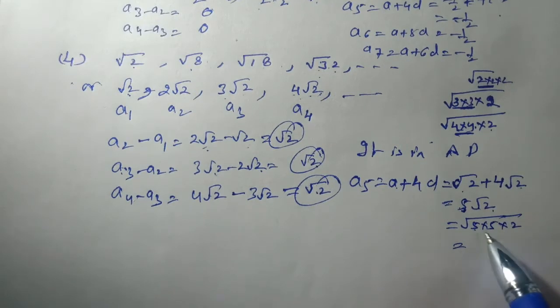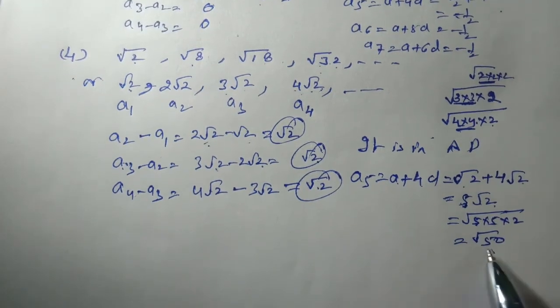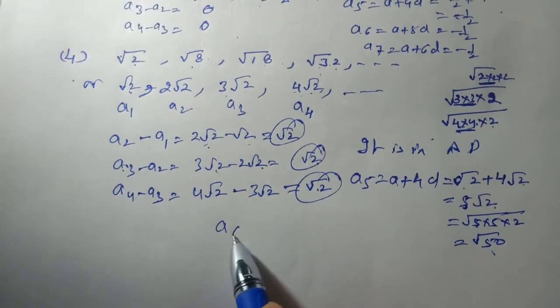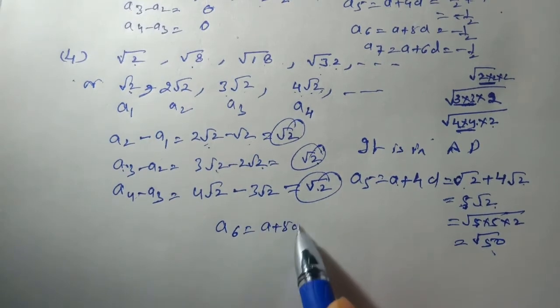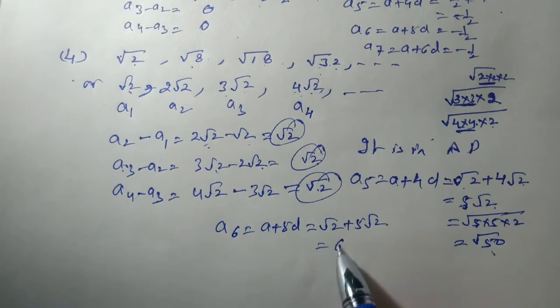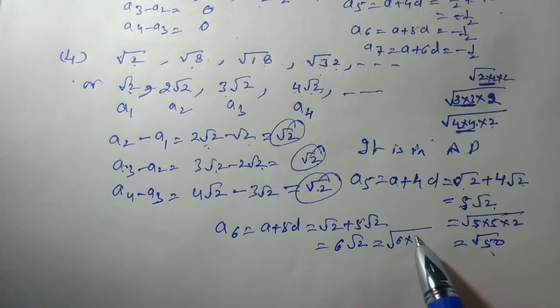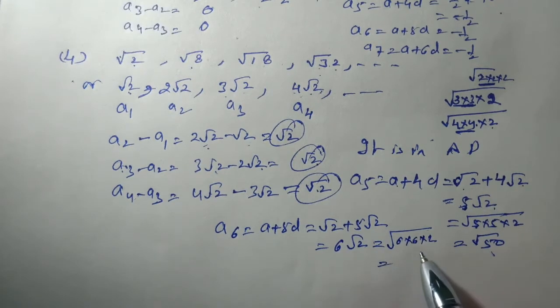So 5 5s are 25 and 25 2s are 50. So the next fifth term is root 50. For finding the sixth term, A plus 5D means root 2 plus 5 root 2. This is equal to 6 root 2. 6 root 2 means 6 into 6 inside the root and 2. 6 6s are 36 and 36 2s are 72.